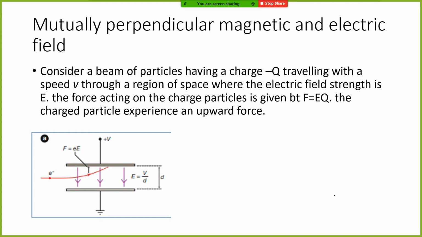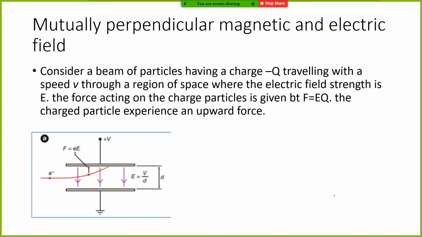Now, we are going to look at something else here. All right, so this is just explaining this before. All right, good. Now, there will be a point where we can tie electric fields and magnetic fields together.